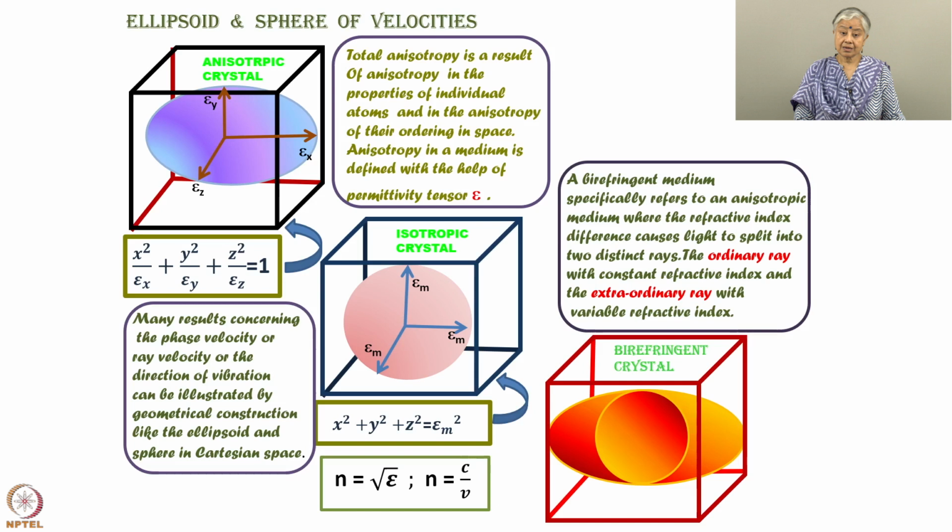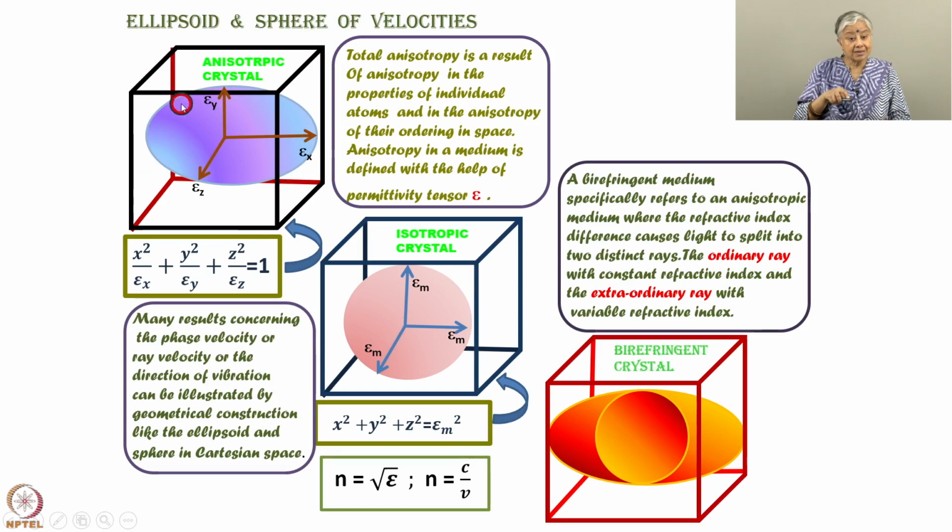We will define this permittivity tensor for different kinds of crystals, mainly anisotropic crystals. I will just give you a general idea of crystals itself. You can have an anisotropic crystal, you can have an isotropic material, and you can have a birefringent material too. What you see here, this cubic kind of structure, is the real crystal.